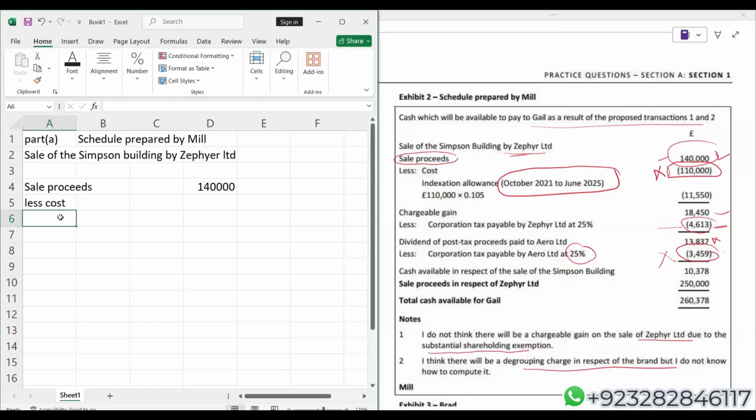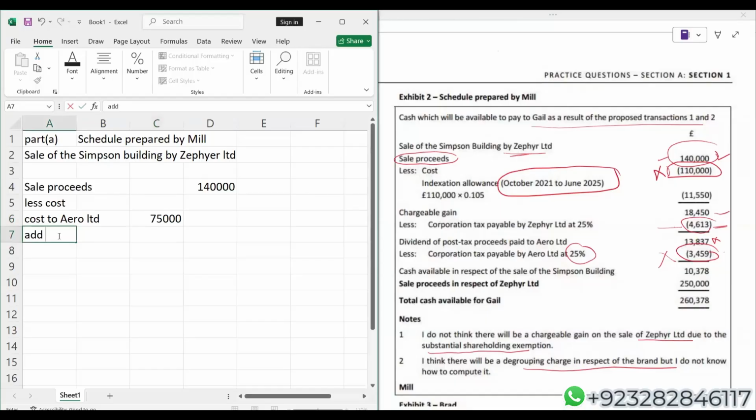Because the building was bought in December 13 and within the group it was sold, of course, after December 17, but indexation allowance is maximum available till December 17. So cost to Arrow Limited, I think it was 75,000 as far as I remember.